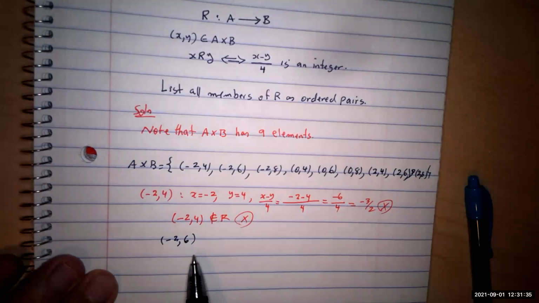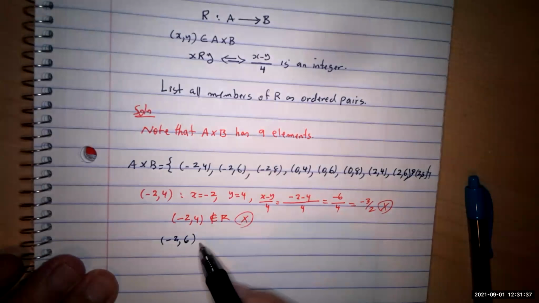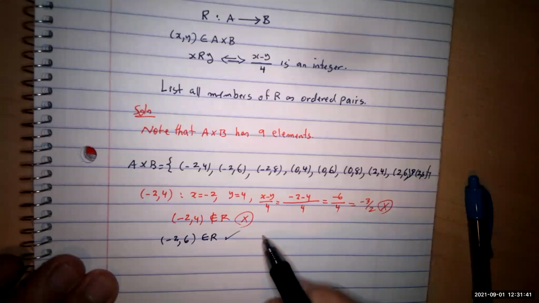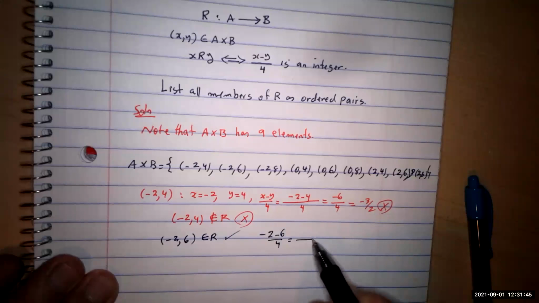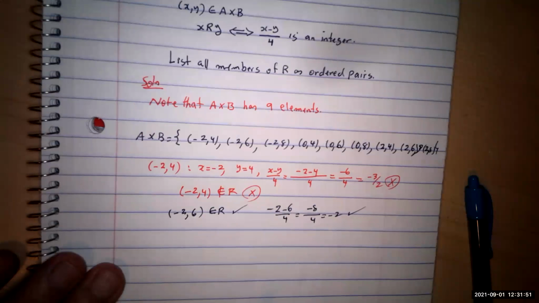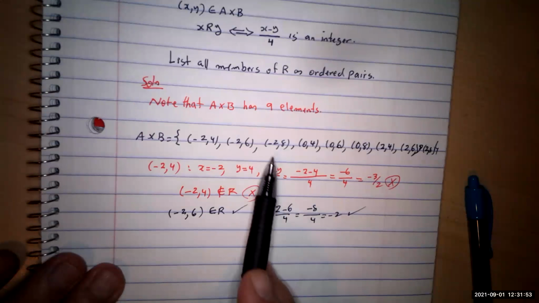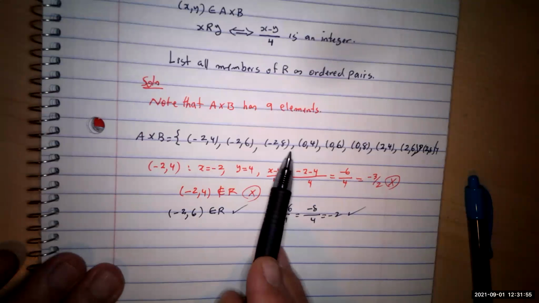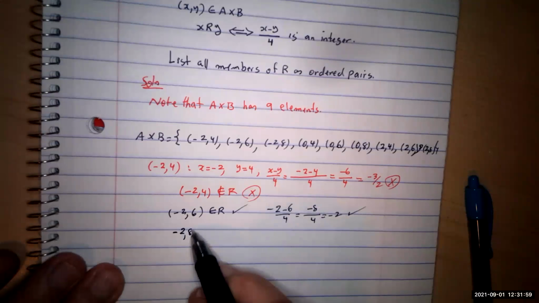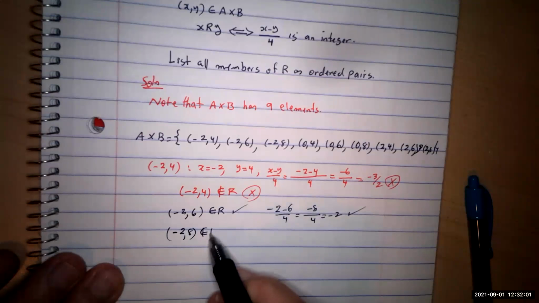So -2 and 6 is a good one, so this belongs to R, because (-2 minus 6) over 4 would be -8 over 4, which is -2. And you check the other ones right away. The next one is not a good one. -2 minus 8 would be -10. It's not divisible. So this is not in R.